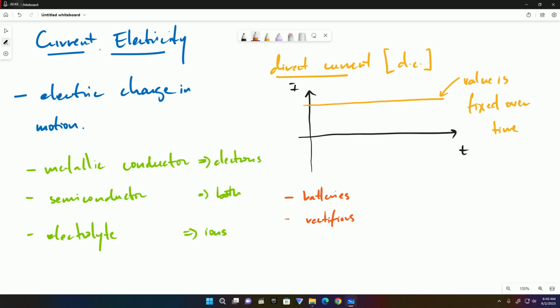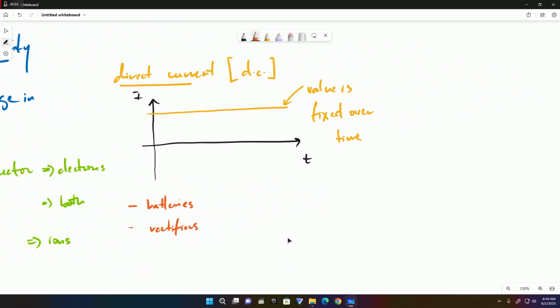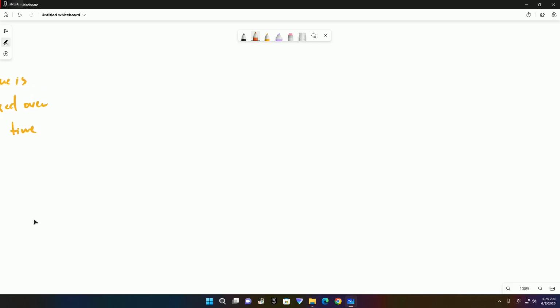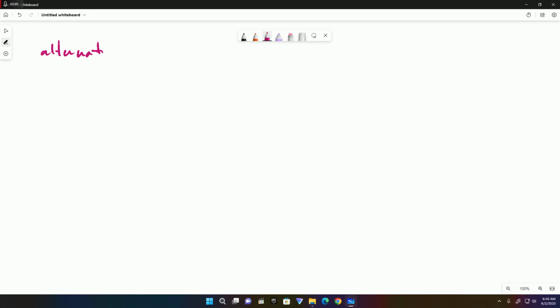Very simple, nothing complicated. The complicated one is alternating current, which we will now look at. Alternating current, or A.C., AC, as the name suggests.